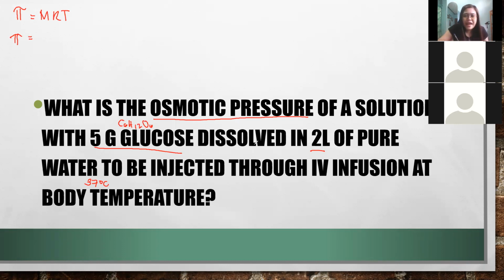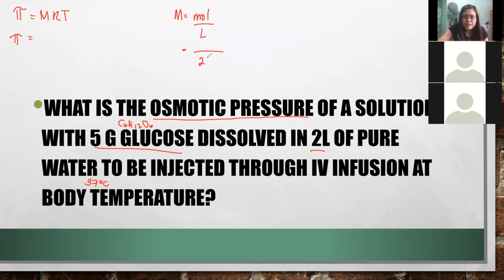Now, first, we have to look for the molarity. So, molarity is not given in the problem, but by looking at it, you can actually compute for the molarity. Sa molarity class, we have here molarity is equal to the moles of our substance per liter of solution.